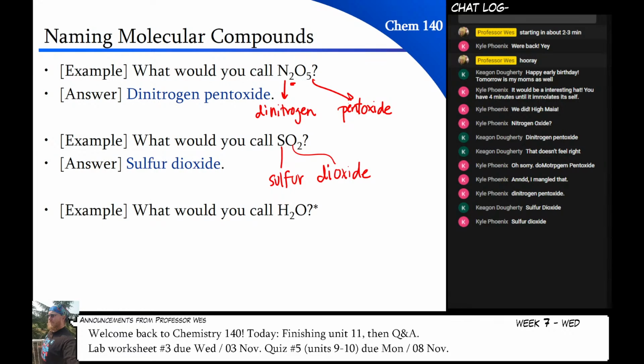All right, what do you call this? I'll give you a hint, it's not water. Can't call it water. I mean, you could call it water, but applying the rules that we have described here, what would you write for H2O?